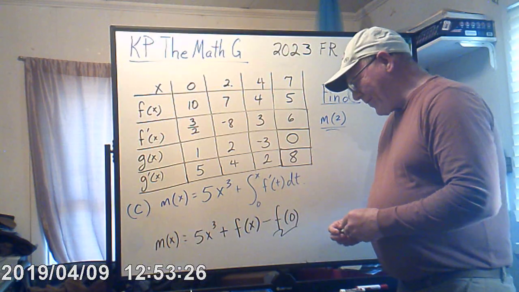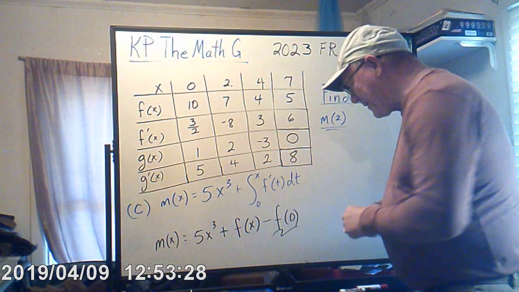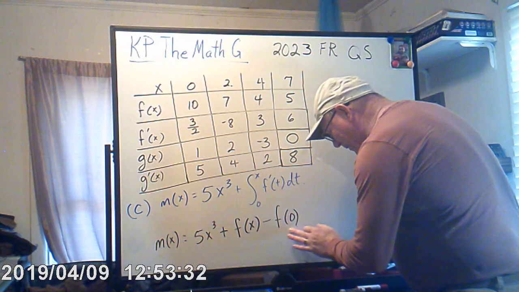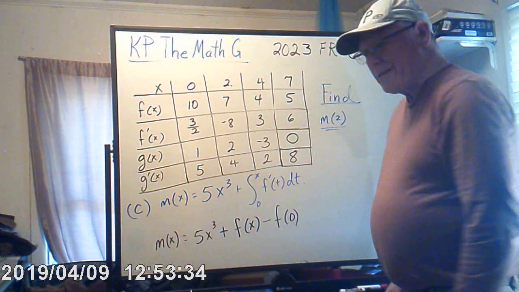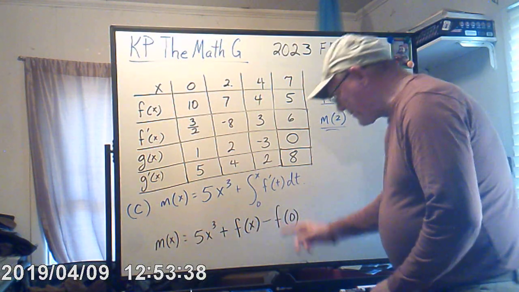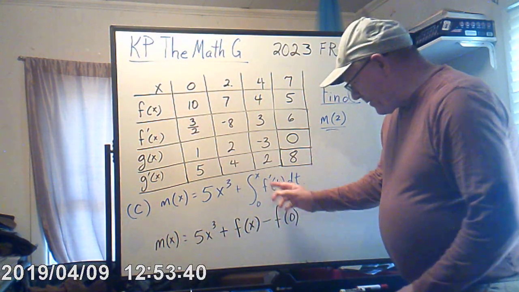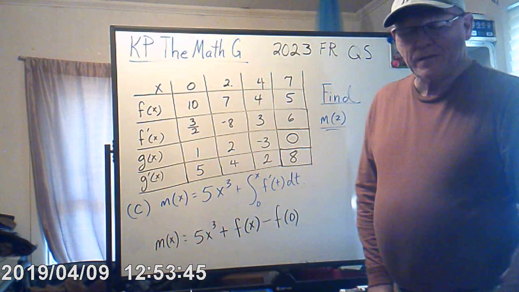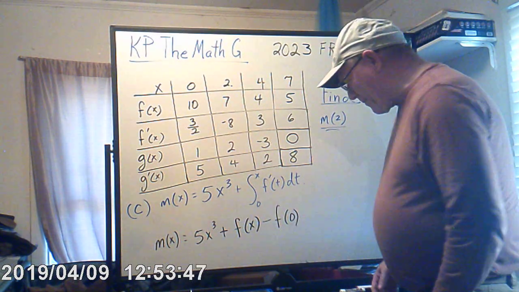It's not just f at x. It's f at x minus f at 0. That's the definition of that. Right? Not f prime, just f. The derivative of the antiderivative is f. That's it. So just kind of keep that in mind.